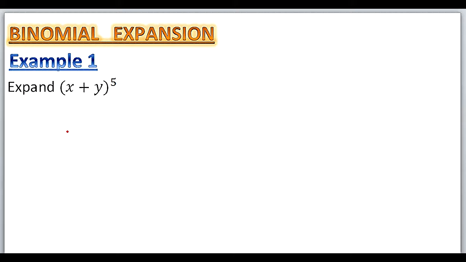If you don't have a mathematical table, you can generate the Pascal triangle. So let me do that for now. We have 1; 1, 1; 1, 2, 1; 1, 3, 3, 1. This is when the index is 3.